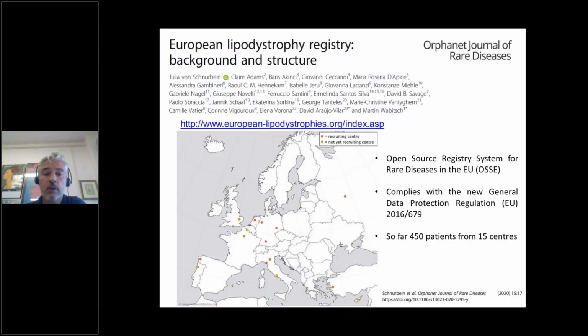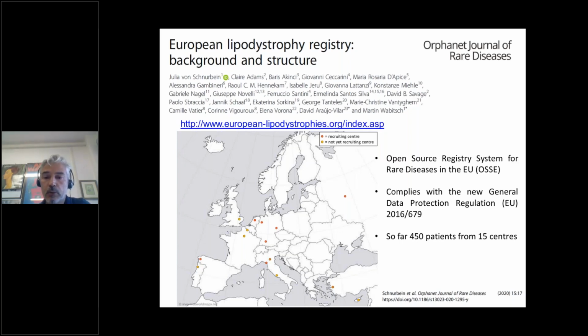So for this reason, some years ago, we started a new challenge, a new adventure, trying to put together all the European and not only European centers which are working on lipodystrophy. ECLIP, the European Consortium of Lipodystrophy, has now a registry, the only registry present in Europe, which includes centers that are also outside Europe, for example, centers from Turkey and Russia.